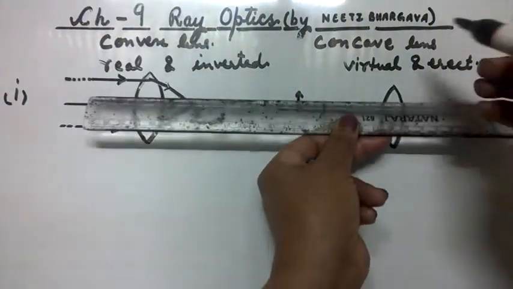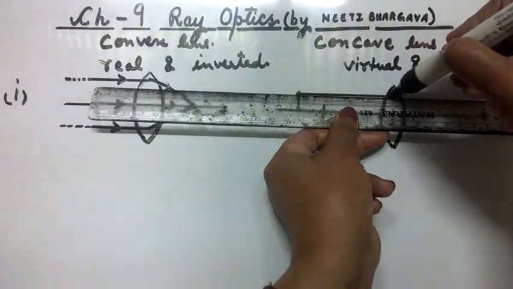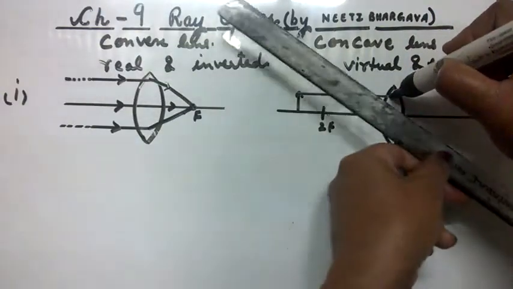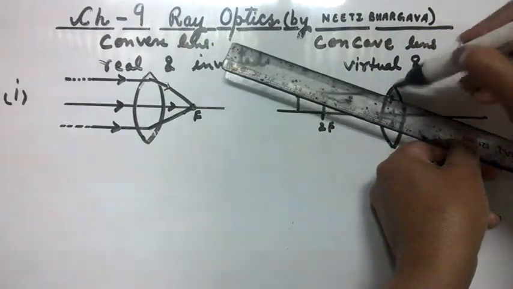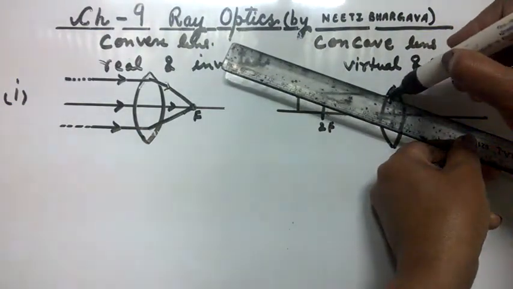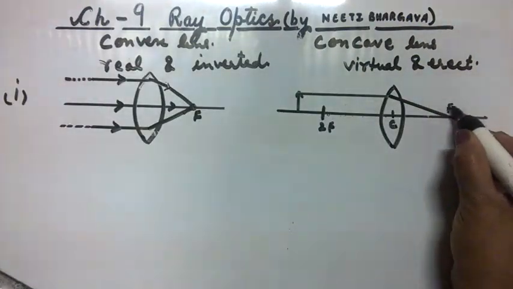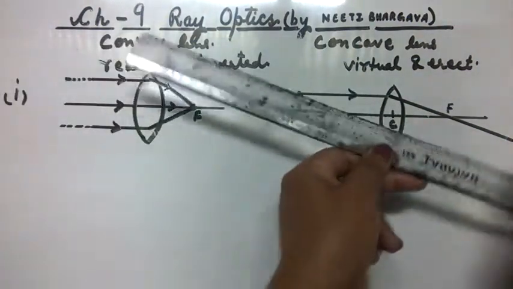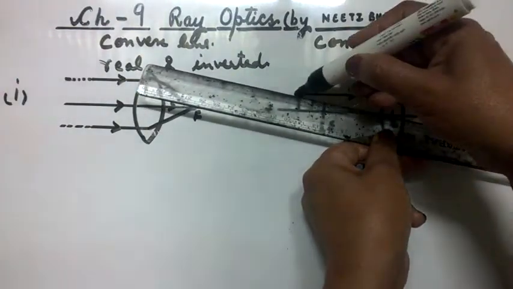So the ray which is passing parallel to the principal axis, then after refraction it will pass through focus, and another ray we consider is passing through the optical center.